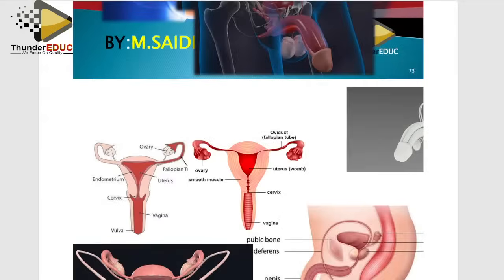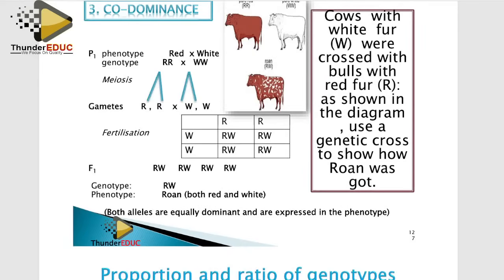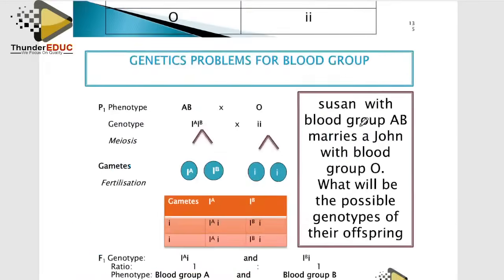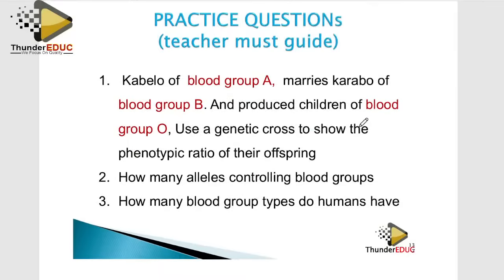So it looks like this question: a man of blood group A marries a woman of blood group B, and they produce a child of blood group O. Use the genetic codes to show the ratio. You see, here they're asking for the ratio of the offspring.